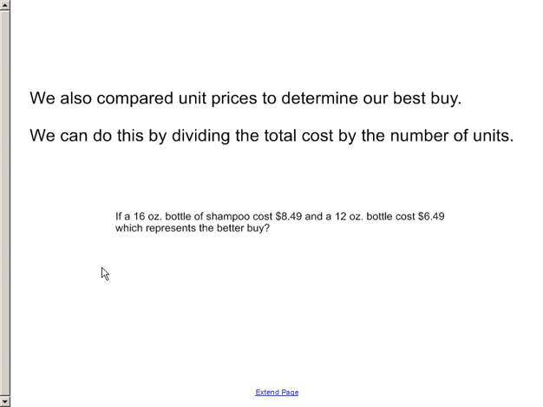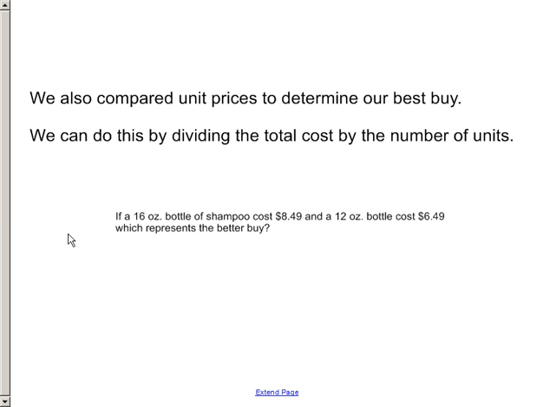If we do the same for the 12-ounce bottle, $6.49 for 12 ounces, and we divide, we find that the price per ounce is 54 cents. So if we wanted to save a penny per ounce, we would be buying the 16-ounce bottle. The store helps us out by listing very often the unit price.